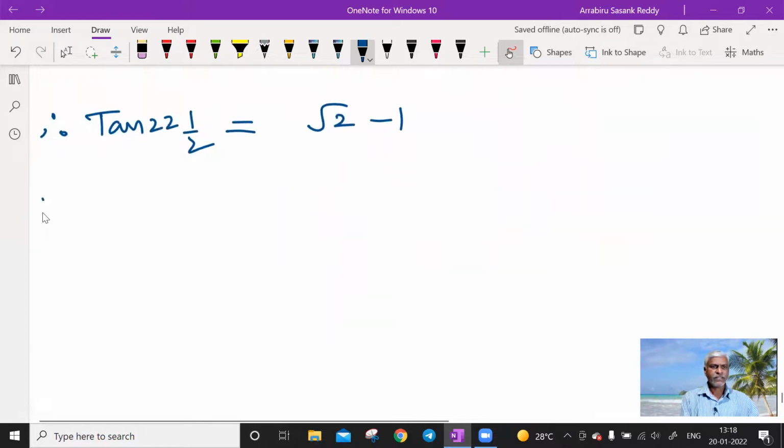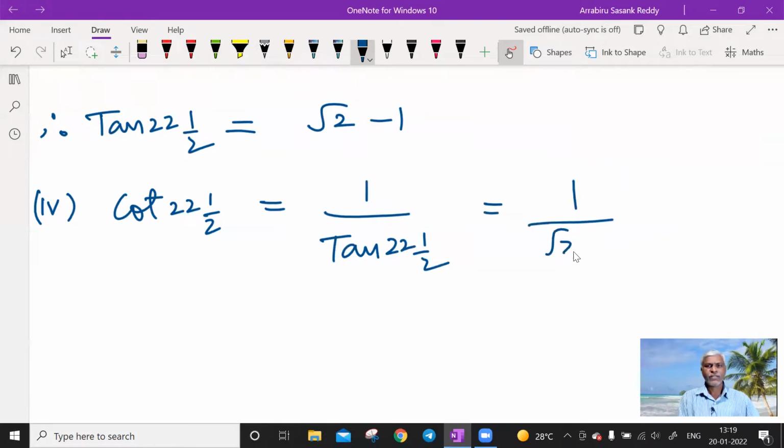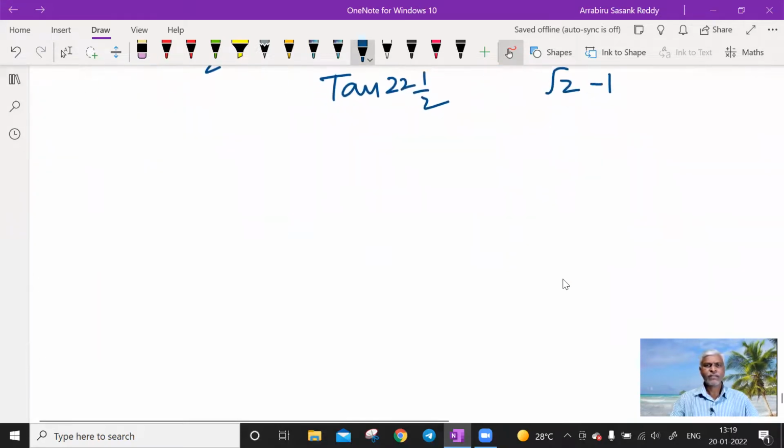Similarly, cot 22 and a half is equal to, cot is cos by sin or 1 by tan. Cot is 1 by tan. So that is 1 by root 2 minus 1.